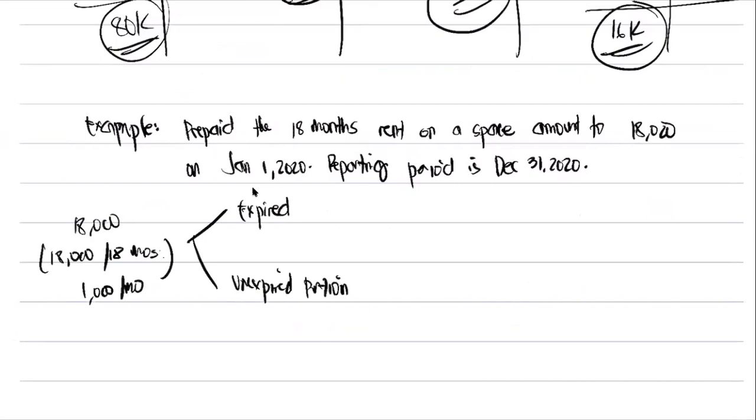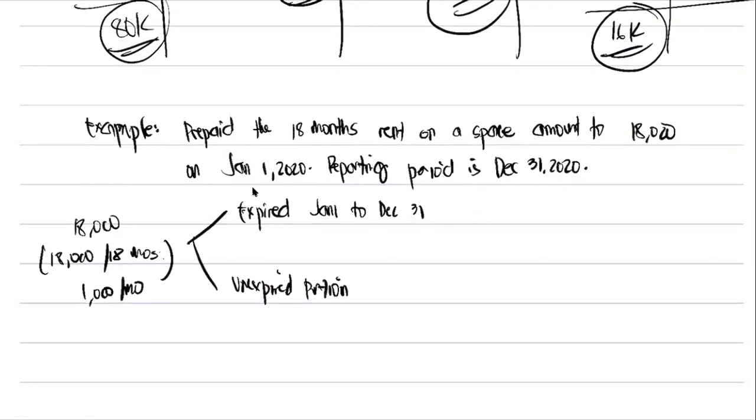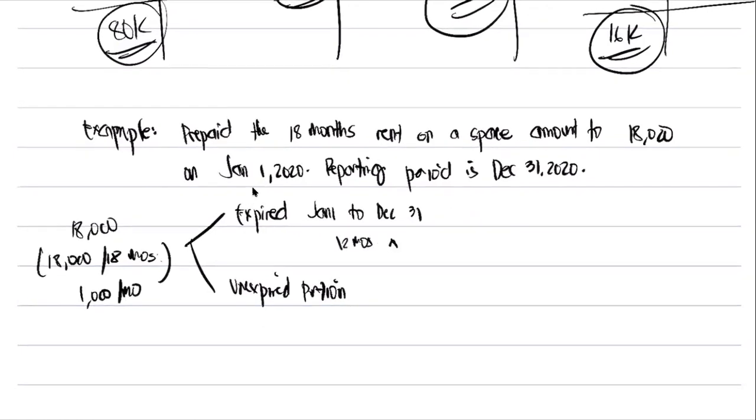Okay, so as to the expired portion, our expired portion based on passage of time is January 1 to December 31. So we count January 1 to December 31, which is 12 months. And the value of the 12 months is 12 months multiplied by 1,000, which is 12,000.